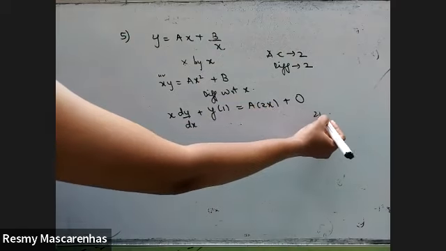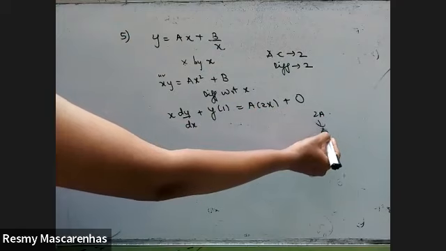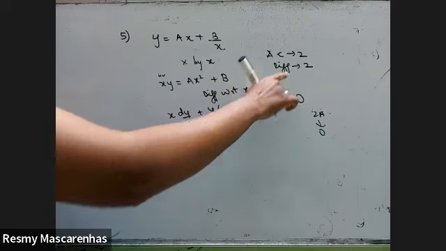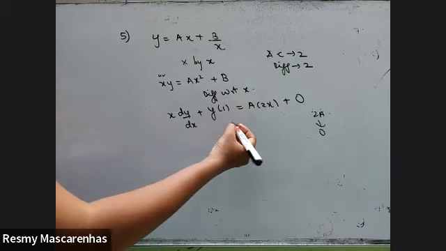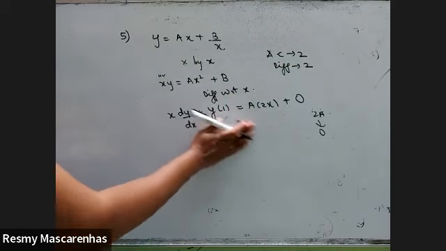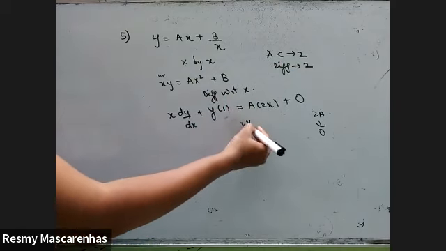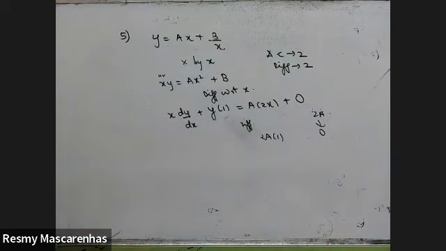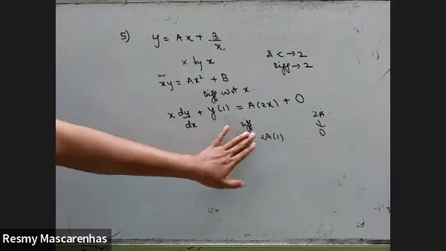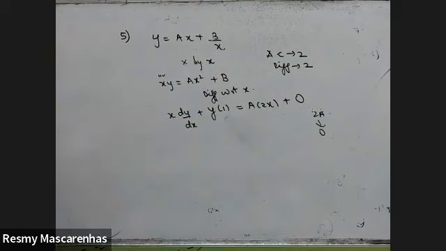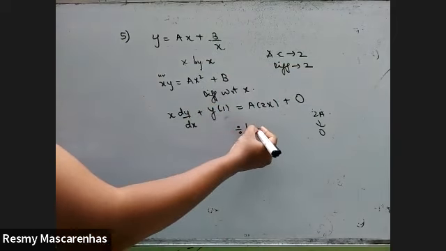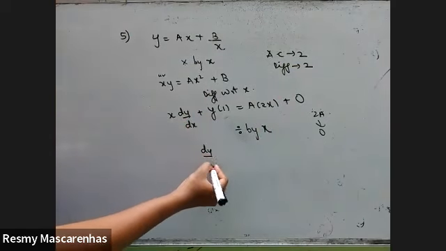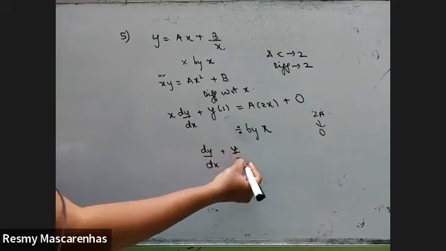Why? I'll make 2a single. If I keep 2a, derivative of 2a will be 0 because this is also constant. So only one more chance I have to eliminate a. If I differentiate straight away, what is going to happen? Answer will be 2a into 1, so that a will remain. If it is there along with x, if I differentiate. So before that, what I'll do is just divide throughout by x. So this and this will go. This will become y upon x.